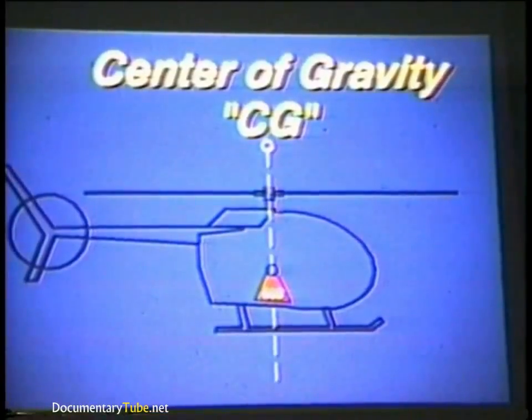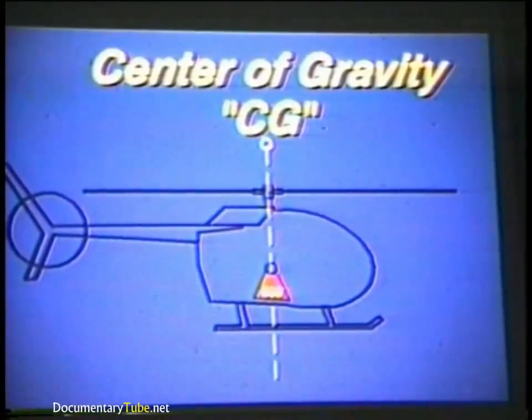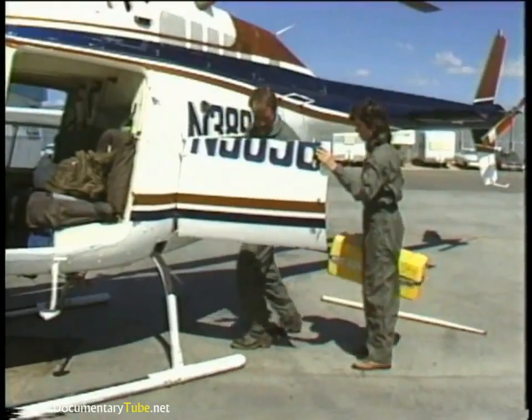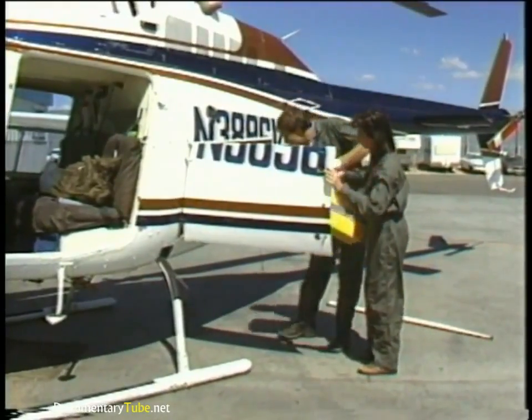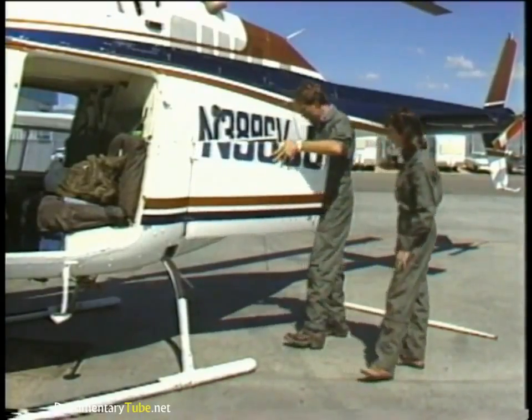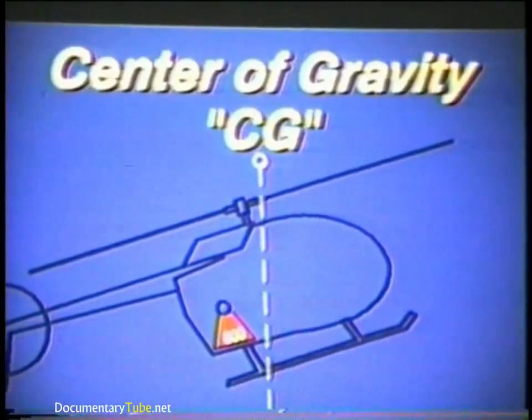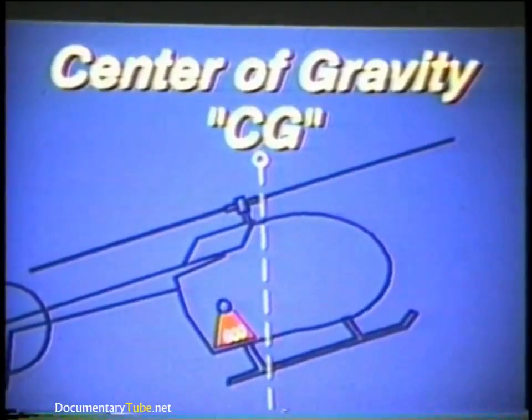If you draw an imaginary line through the helicopter, at the middle of the rotor system, this is what is known as the center of gravity, or CG. To maintain the best and safest flying characteristics, the pilot has to balance the load on the helicopter. If the CG is too far to the rear or aft, the helicopter flies with a nose-up attitude.